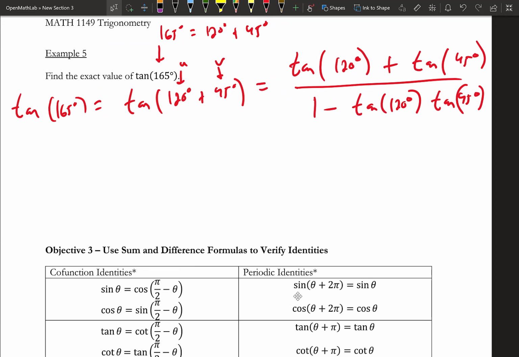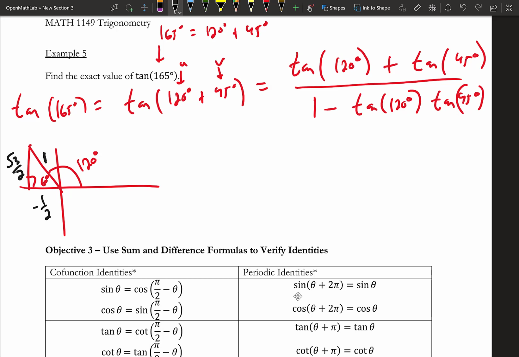Then, if you need to, draw a unit circle. Here's 120 degrees, which leaves 60 degrees. This is 1, this would be negative 1/2, this is radical 3 over 2. And then you could draw one for 45 degrees: 1, radical 2 over 2, radical 2 over 2.